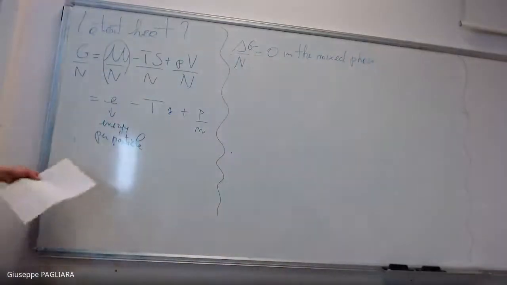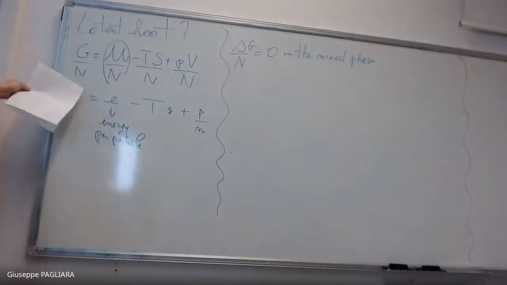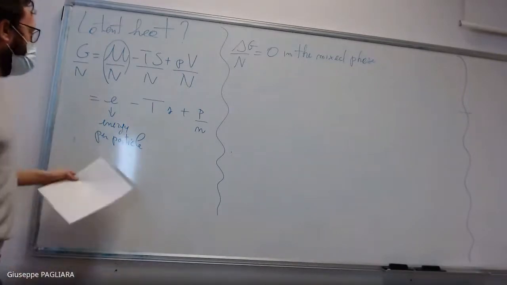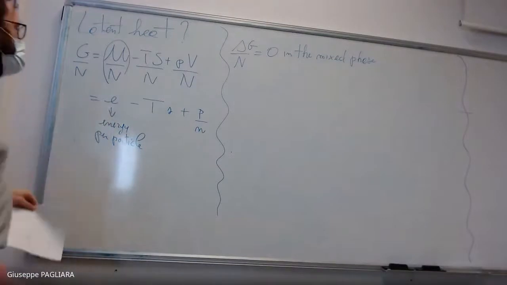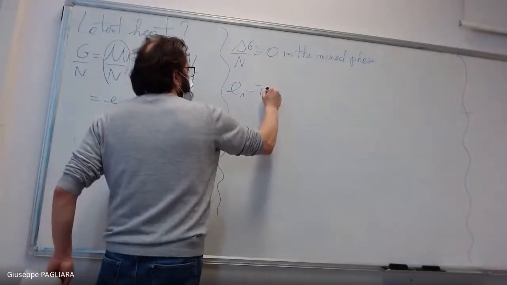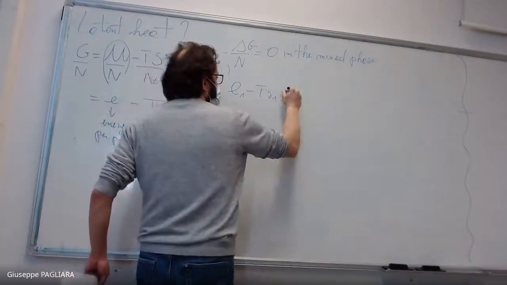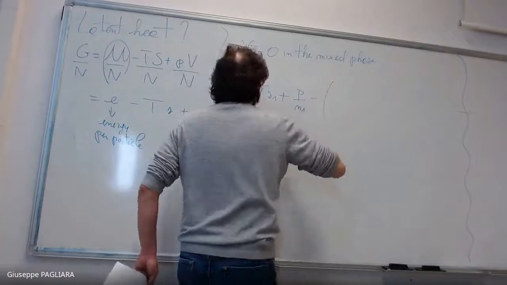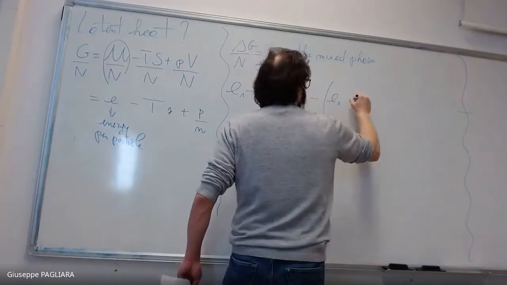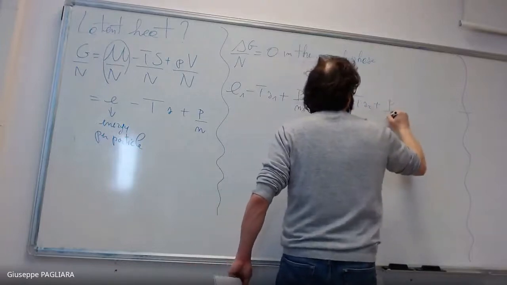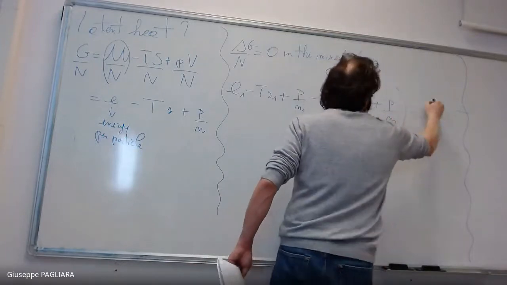So that means that if I consider phase 1 and phase 2, I have the difference between e1 minus T s1 plus P over n1, minus e2 minus T s2 plus P over n2, must be equal to 0.